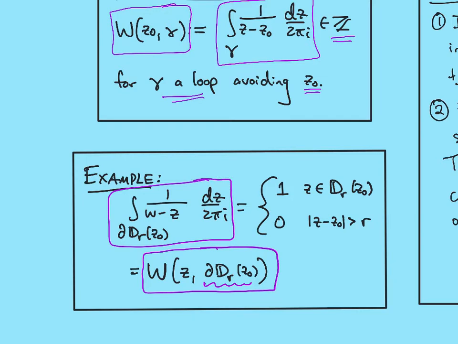And what we get is that if z is inside this disk, we'll just get the value of this function here, so we get 1. And then if z is outside the closed disk here, or z minus z0 is greater than r, then we actually get 0 because the function inside will be analytic on the disk in question.